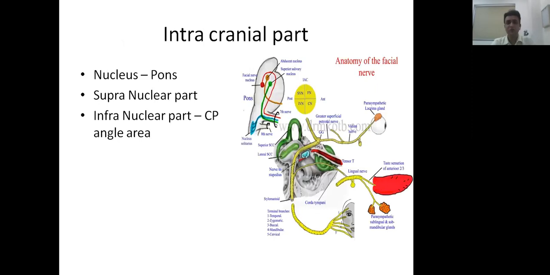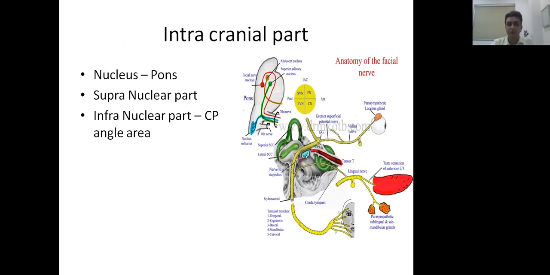So we'll talk about the intracranial part first. Let us be very clear that the intracranial part means the part of the nerve which is in the nucleus. The nucleus is in the pons. Supranuclear part means the connections of the nucleus with the opposite side of the cerebral hemisphere in the cerebral cortex.